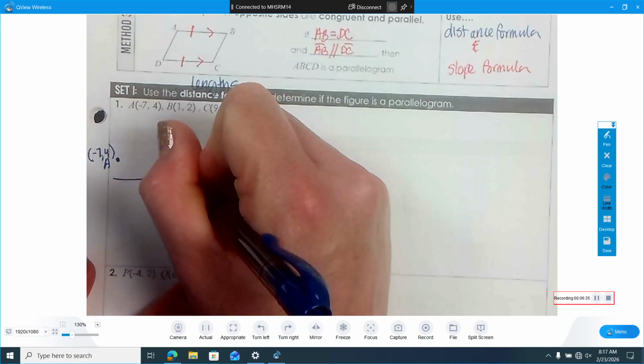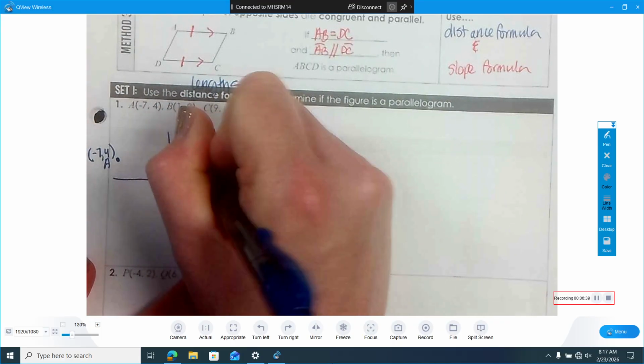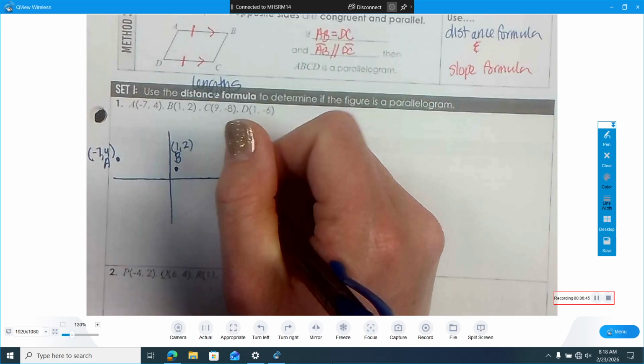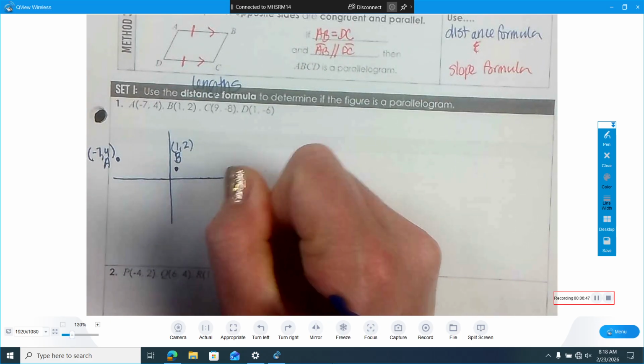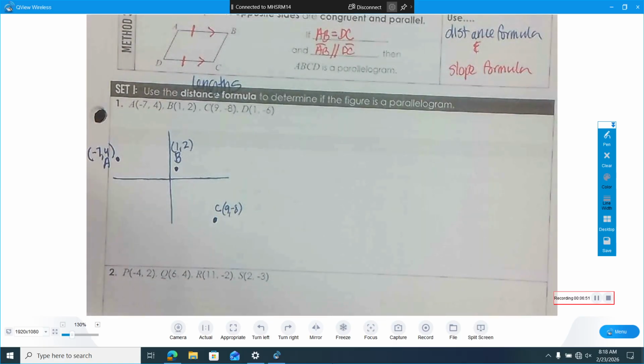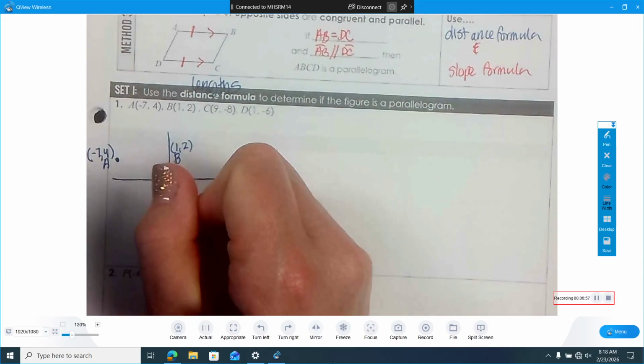I'm going to call that B, and it's at 1, 2. C is at 9, -8. That's got to be way down here. C is at 9, -8. And then D is at 1, -6.